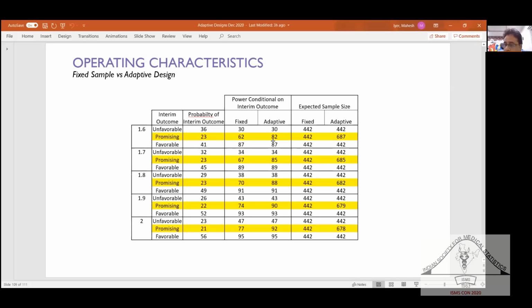This is the beauty of using these adaptive sample size re-estimation designs, because you can increase your power while at the same time preserving your type 1 error. Good. All right, so I think that's all that I wanted to speak about from a sample size re-estimation standpoint.